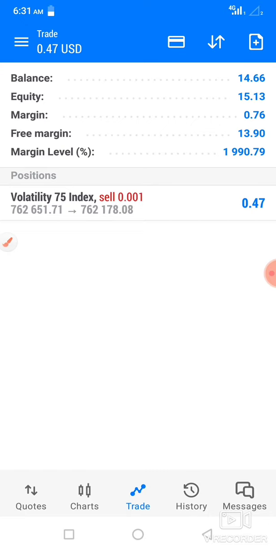I'm not in a hurry, because I know I analyzed this trade, and this trade is going to give me profit which is more than $1. So I just need $1.20, because bread in our country is going for $1.20, and that $1.20 is good for my family, because I'm going to buy bread using that $1.20 from these $14.